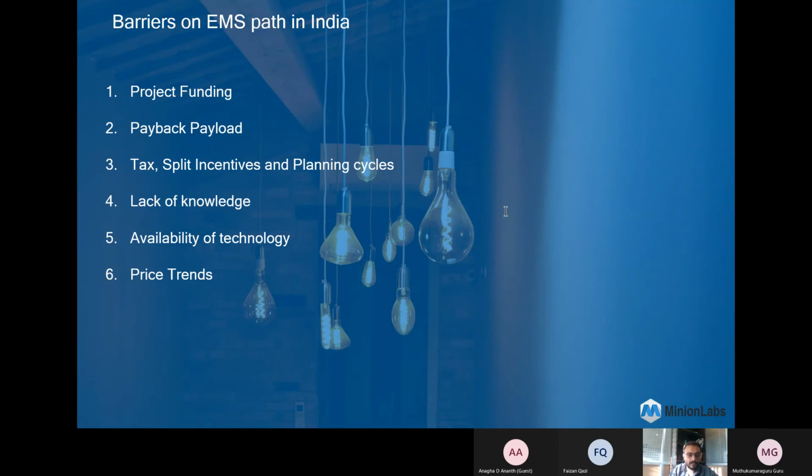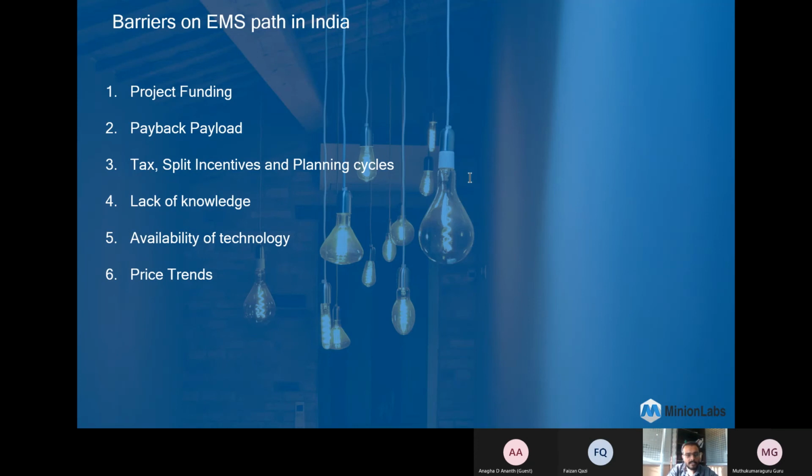Lack of knowledge: the method of capital recovery schemes in a utility can greatly affect the utility's interest in promoting industrial energy efficiency projects. Availability of technology: lack of energy consumption data and tools to evaluate energy data can decrease the implementation of EMS projects.